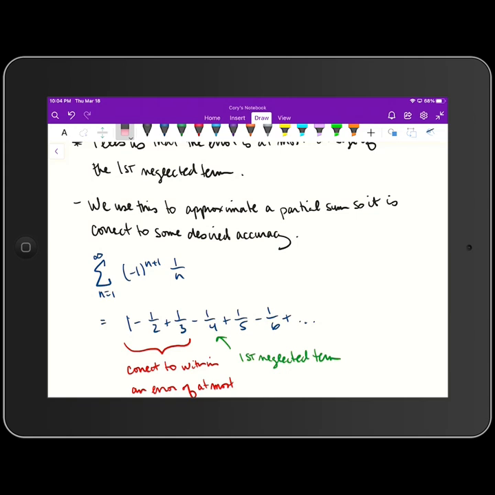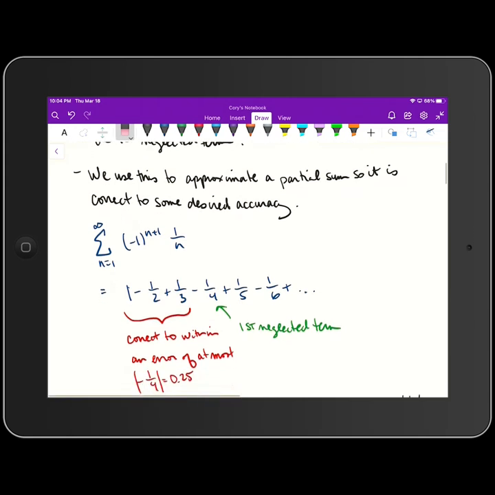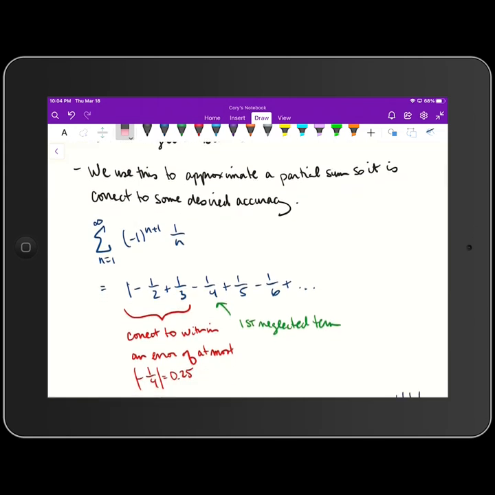Okay, so if I take the first 3 terms in that summation, 1 minus 1/2 plus 1/3, and I use that to estimate the value of the infinite series, those first 3 terms are going to be correct to within an error of, at most, the absolute value of the first neglected term.